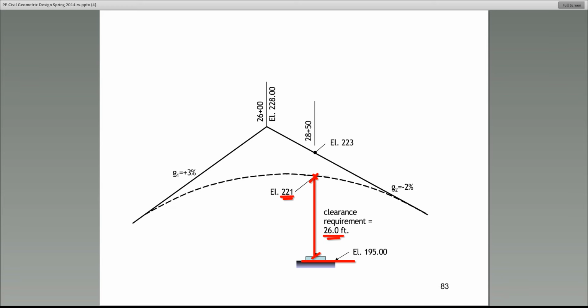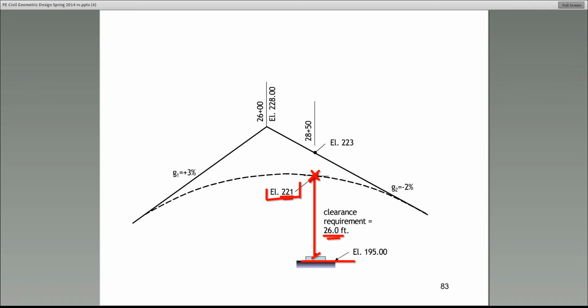So it's a clearance problem. But please pay attention to what I will say next. This problem now basically reduces to forcing the vertical curve to have a specific elevation at this point. Now, what is that specific elevation? It's 221 feet.